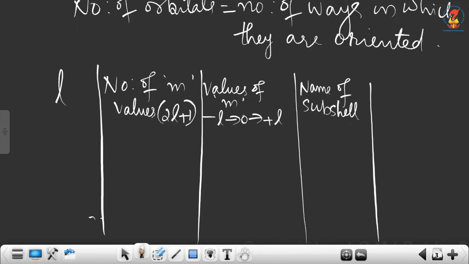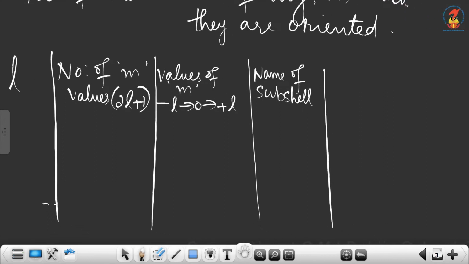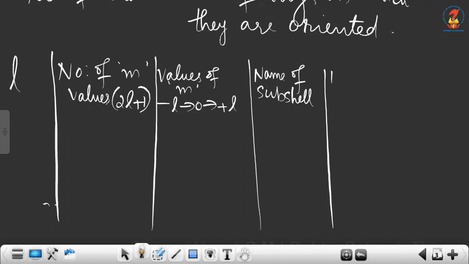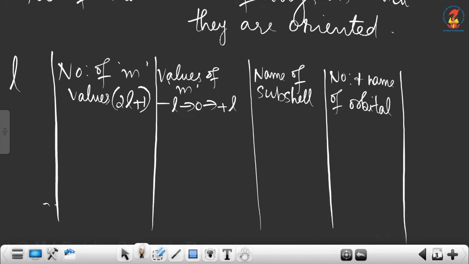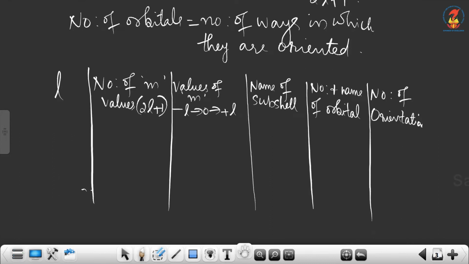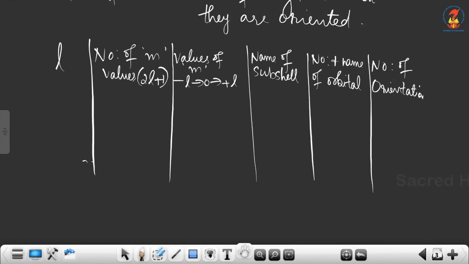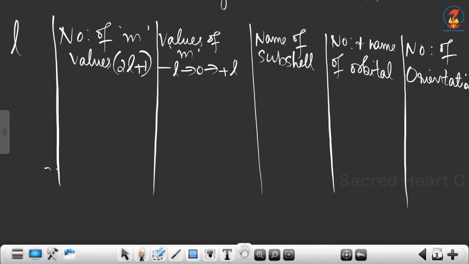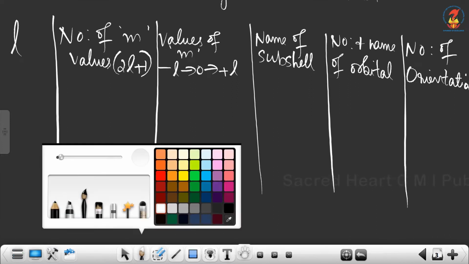Now next column we have the number and name of orbital, and the last column we have the number of orientations. So these are the columns. That is the L value.